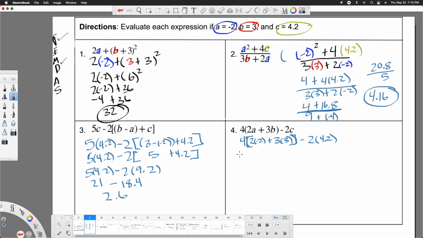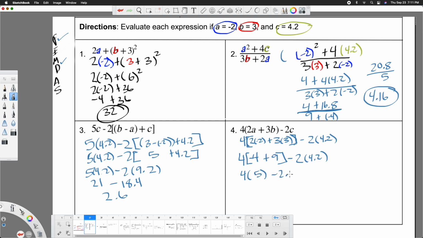So parentheses first, we're going to go inside of here and we're going to simplify this down to one number. So 2 times negative 2 is negative 4. 3 times 3 is 9. Minus 2 times 4.2. And now we have negative 4 plus 9, negative, positive, so I subtract. 9's bigger, so it's positive 5.